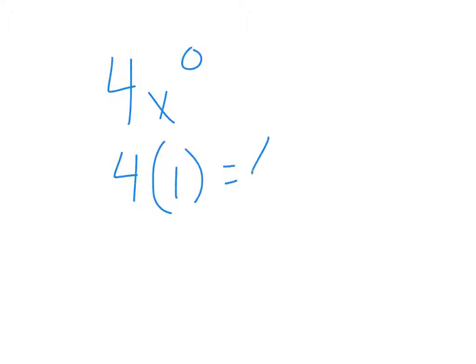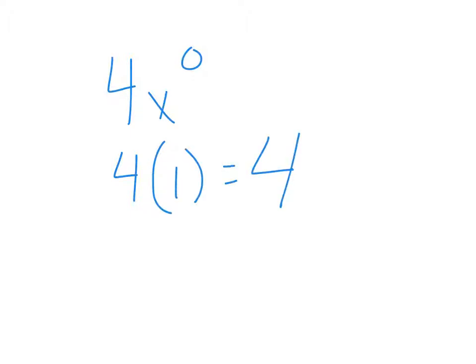So just looking at another example, if I said, let's say 4x to the power of 0, that 0 is only on that x, so therefore this would be 4 times 1, which we know is going to be 4.